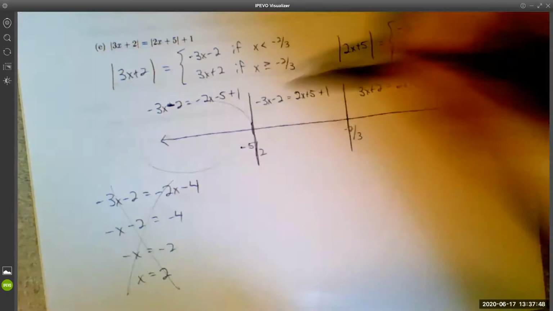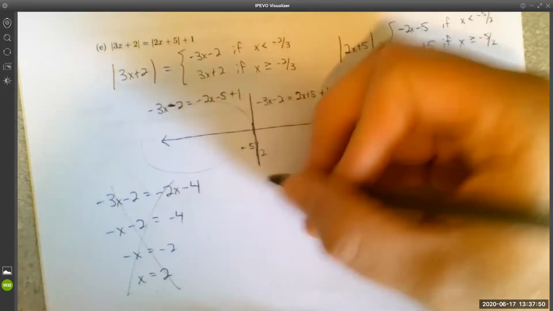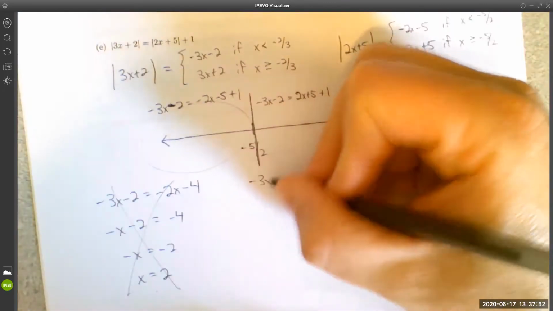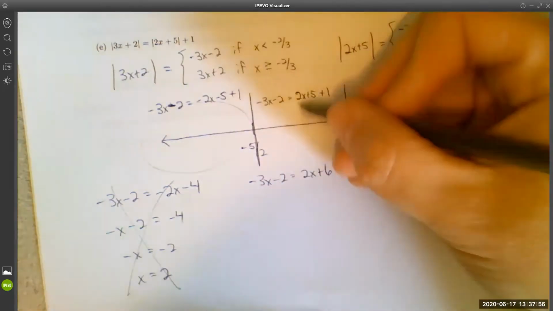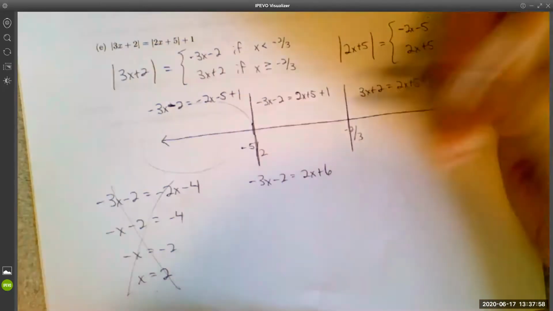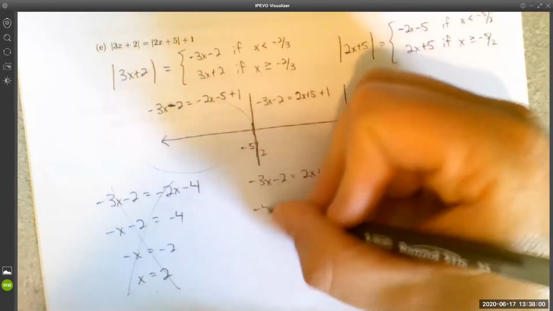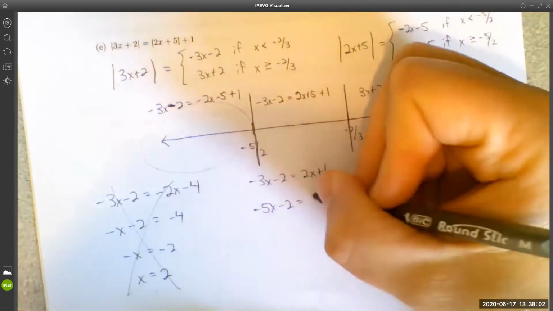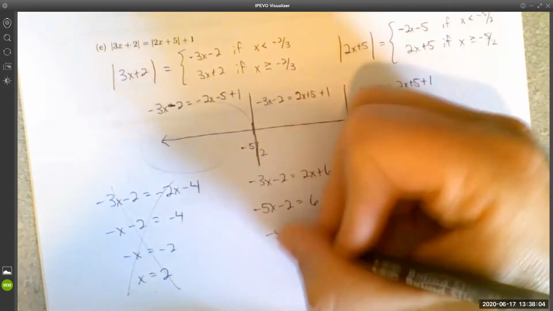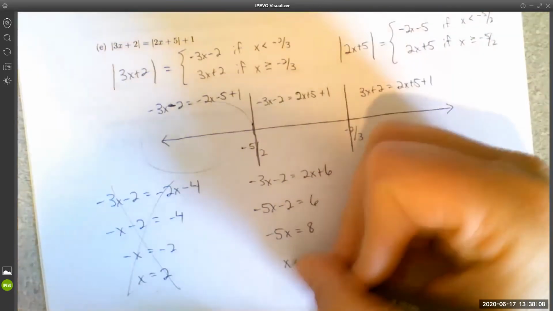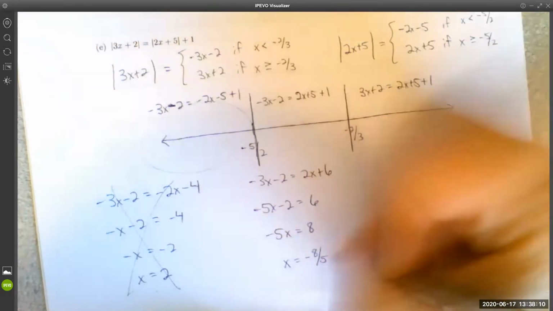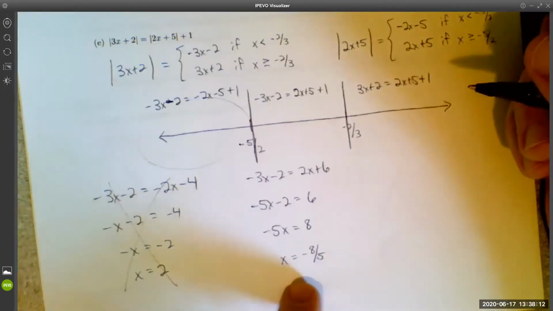Let's look at the middle region. For the middle region, I'm going to have negative 3x minus 2 equals 2x plus 6 is what it simplifies down to, right? I move the 2x over, move the 2 over, and then I divide by negative 5. I get negative 8/5. Does that make sense?